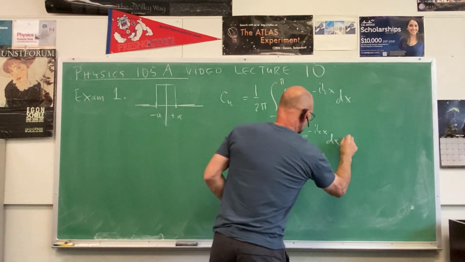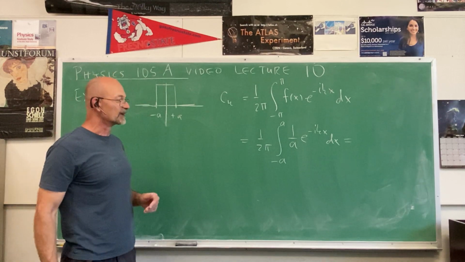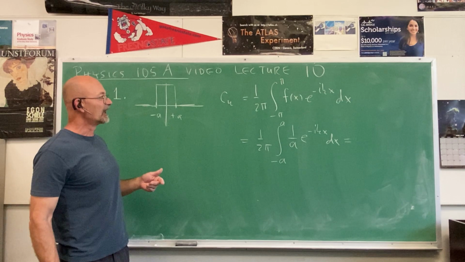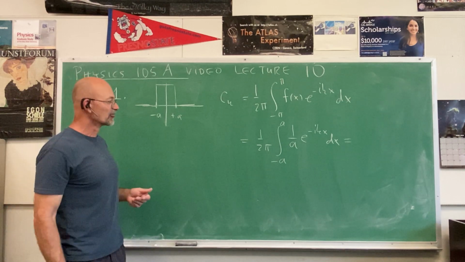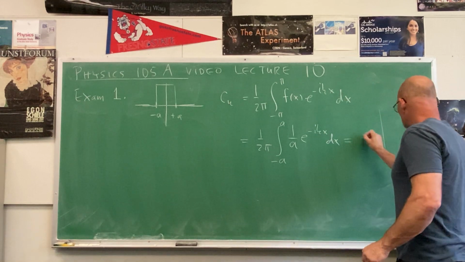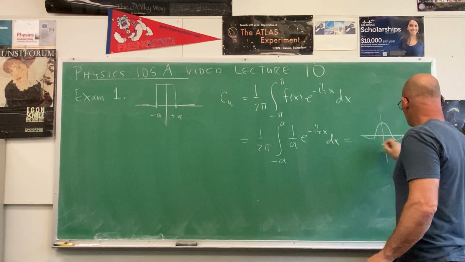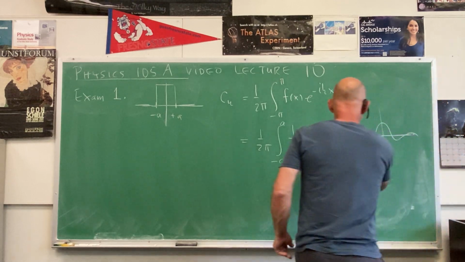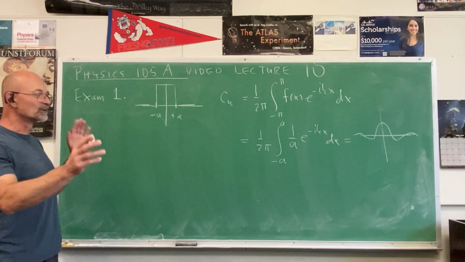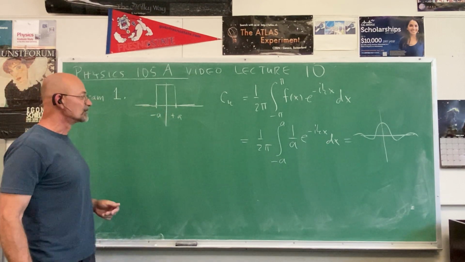Once you make sure you do that, and you know Euler's formula, you'll get sine kx over ak, or sine ak over ak. If you interpret it as a function, you get this thing here. There's a reason it reminds you of single slit diffraction, very closely related. Okay, so that one, if you didn't get it 100%, you're going to want to redo it.